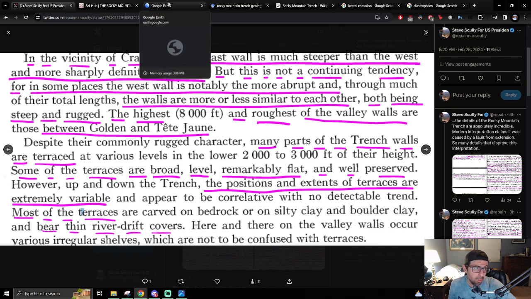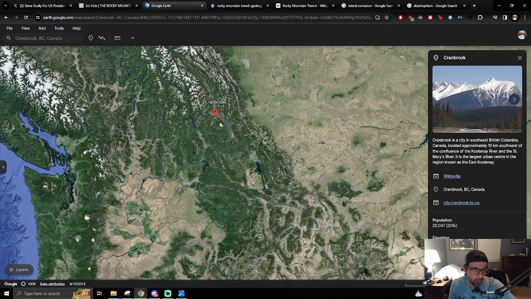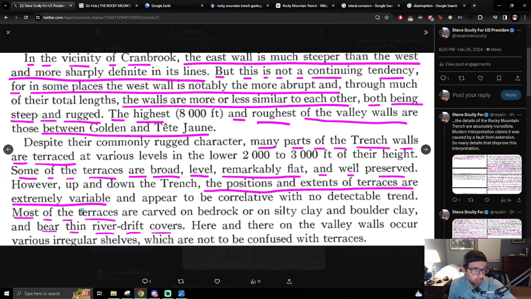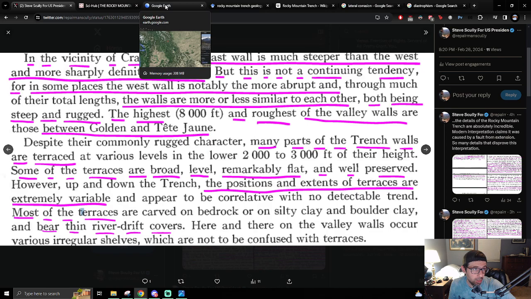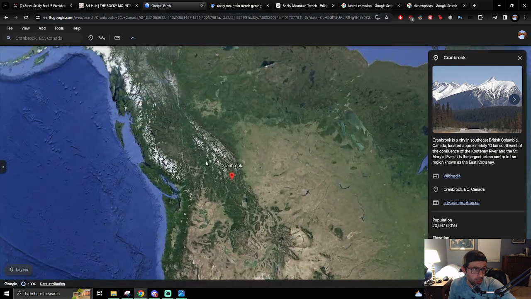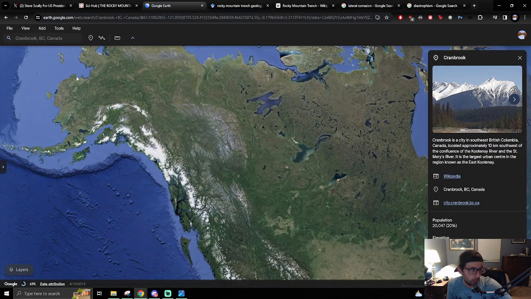So just looking at this, the east wall is steeper and sharper. So if you imagine a current coming down here, up here it's going west to east, but then it runs into resistance over here in this region and is caused to go this way.